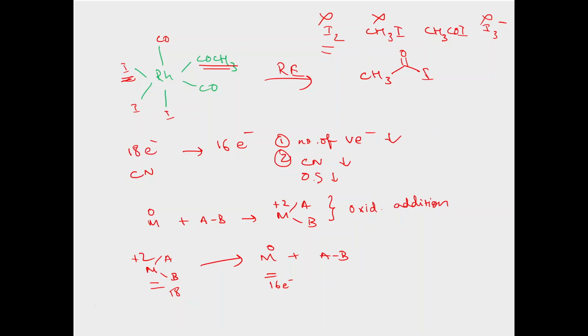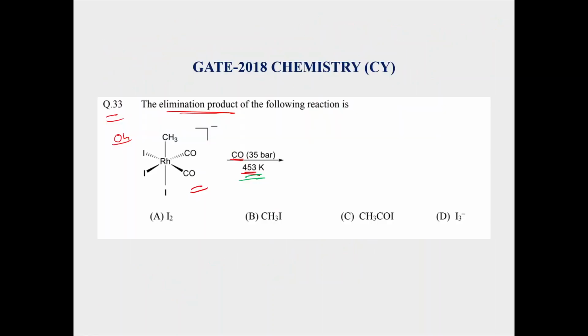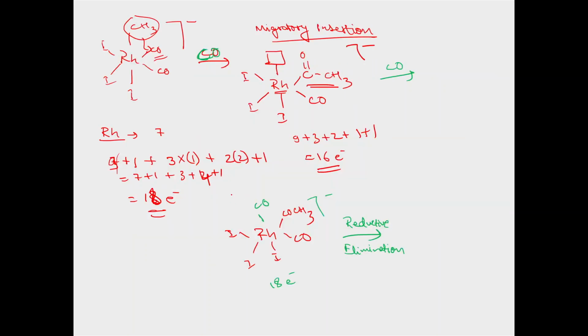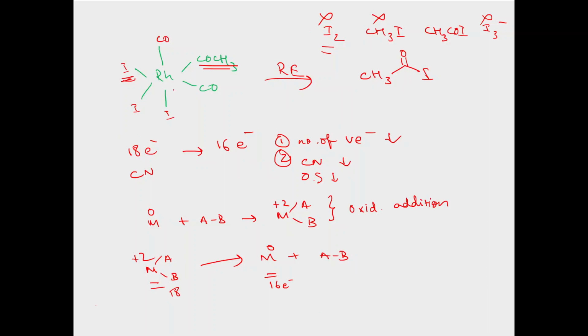We can see why this reductive elimination is taking place, because they are giving high temperature. So from this complex, after the migratory insertion step, now reductive elimination will take place. So now we have to see which two ligands will combine and come out. For that, only the ligands which are present cis to each other can come out together, like CH3COI.